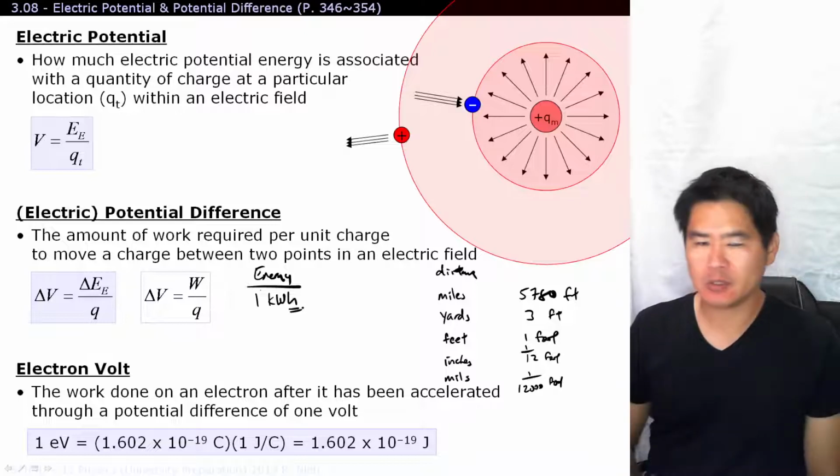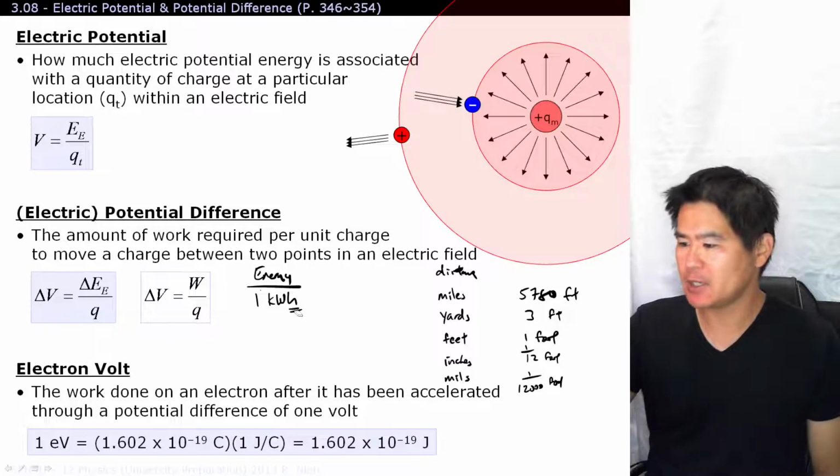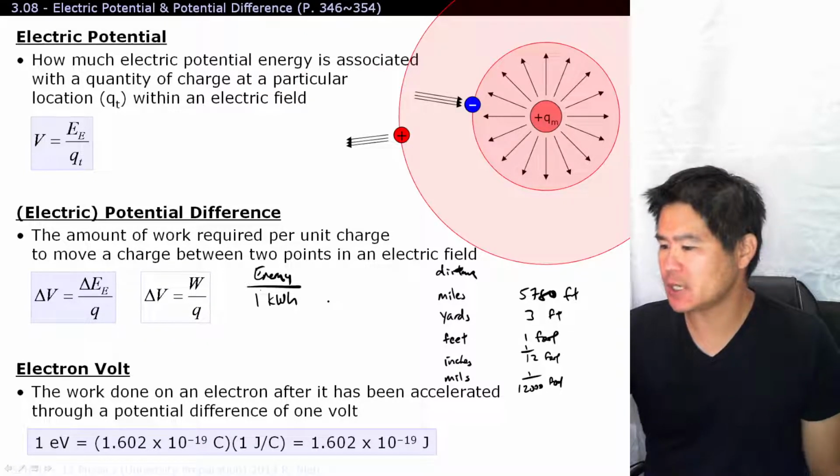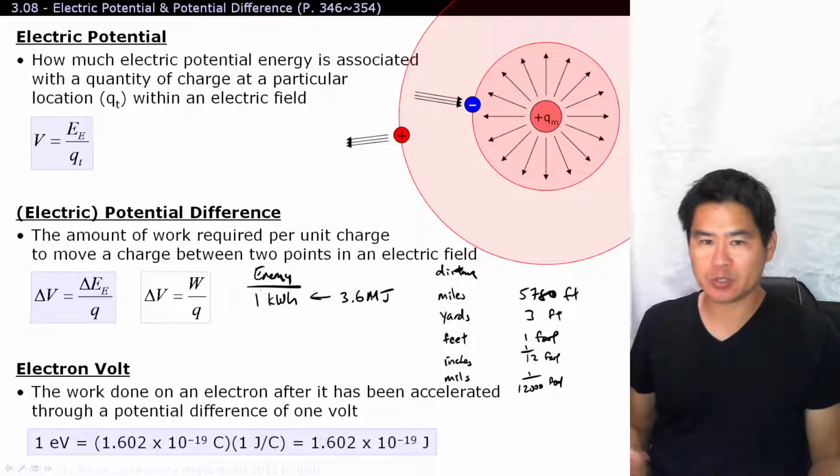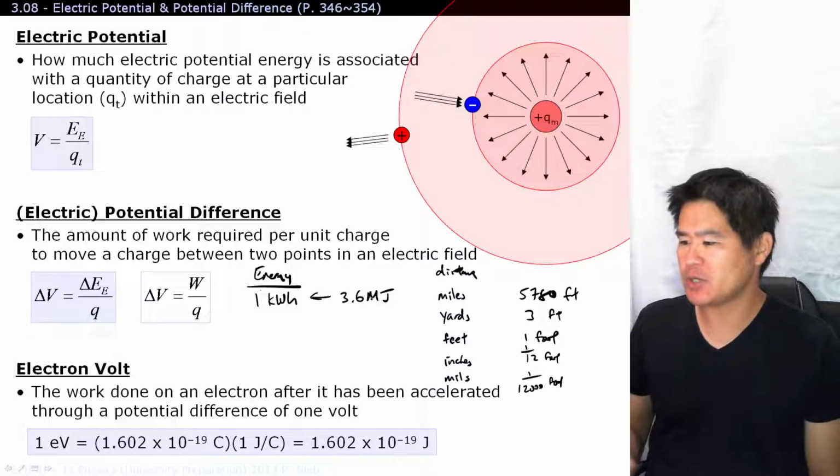Don't be confused: hours is not a measurement of time. When you finish this calculation, it translates into 3.6 million joules. So big energy is measured in kilowatt hours, and unfortunately it's not a clean metric conversion.